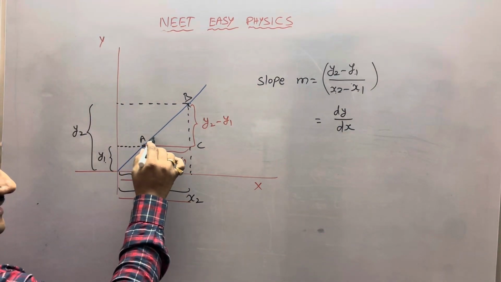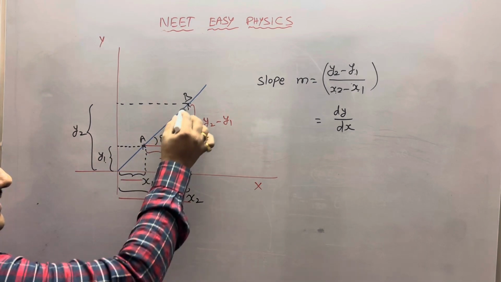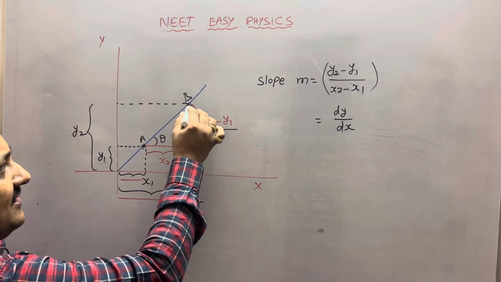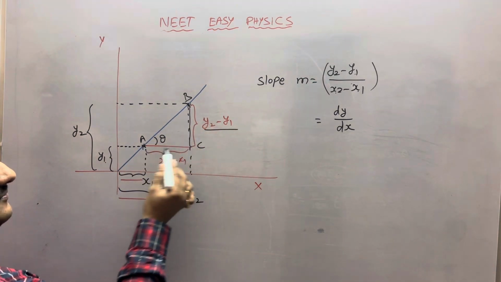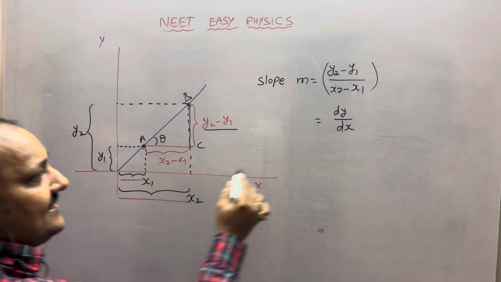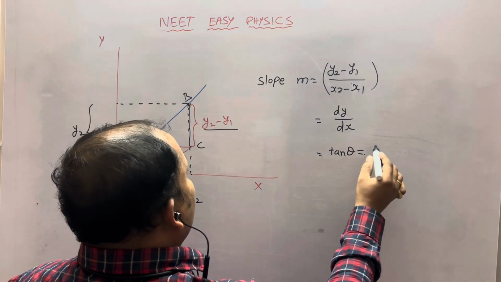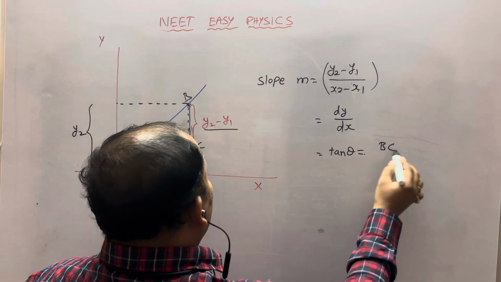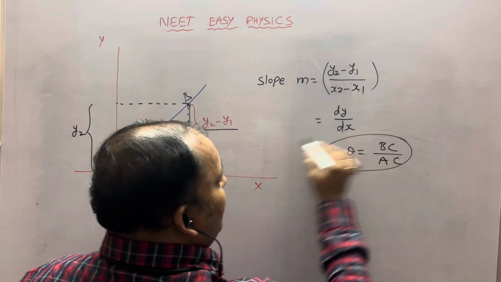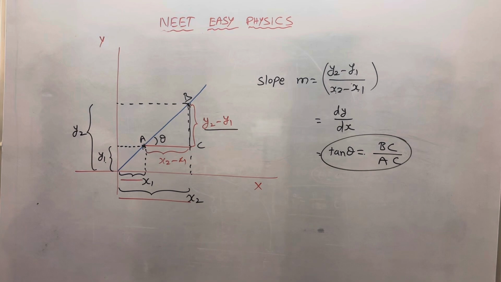If you assume this is theta, BC, y2 minus y1, gives the opposite side and x2 minus x1 gives the adjacent side. Therefore this one they are going to write as tan theta, that is nothing but BC by AC, opposite side by adjacent side.